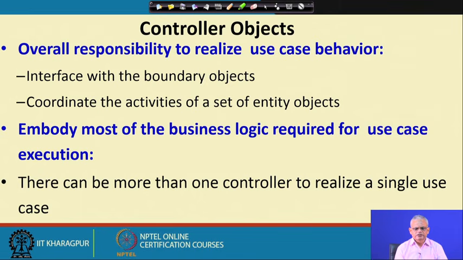So, we can say that the controller objects are the ones which have the business logic required for use case execution, because at the start of a use case, the controller object is reported about the user trying to execute, let us say, wanting to issue a book. Then the controller object knows the business logic.